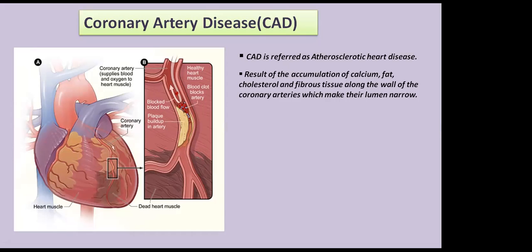So coronary artery disease, or CAD, also called ischemic heart disease, is a clinically pathological syndrome. It is one of the causes of death in men and women in the United States and other Western countries, and also mostly in industrial areas. So this is one of the main reasons for death of men and women.